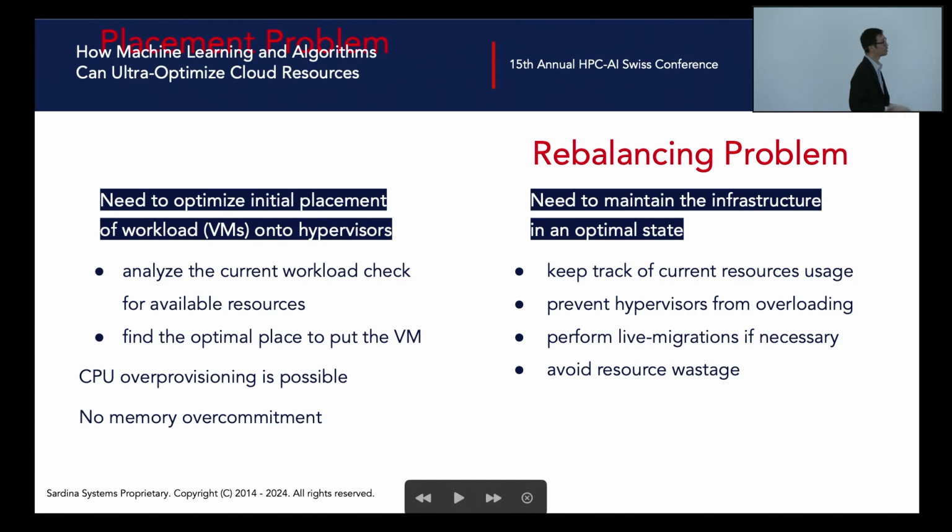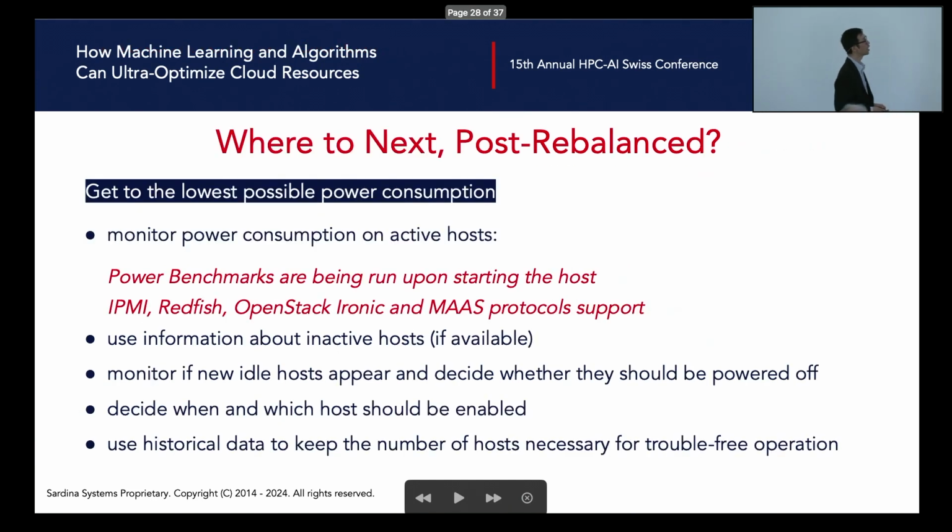And then what we do is that after we figure out how to rebalance them, we live migrate them, but then after we've live migrated them, what else can we do? Aha! Now we have servers that no longer have any load.